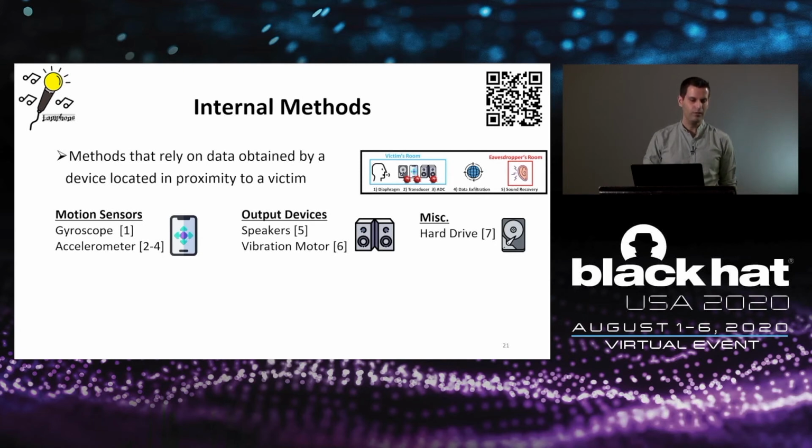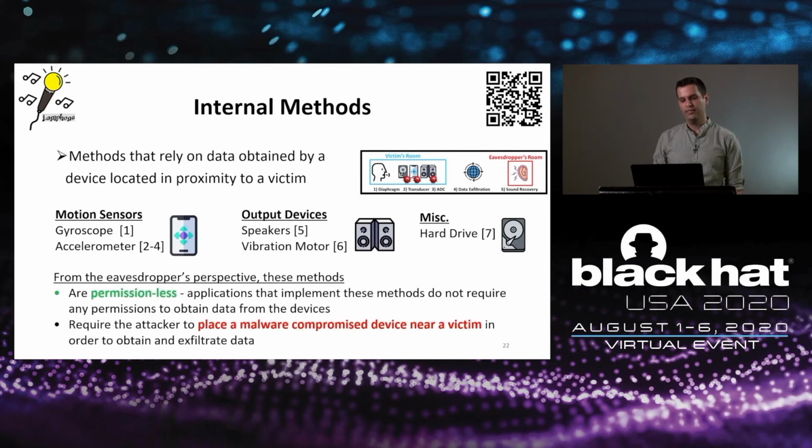Now, if I have to summarize this section on internal methods, I would say that from the eavesdropper's perspective, these methods' greatest advantage is that they are permissionless, which means that applications that implement these methods do not require any special permissions to obtain data from these devices. However, their greatest disadvantage is that they require the attacker to compromise a device with malware, in order to obtain the data and to exfiltrate the data to his possession.